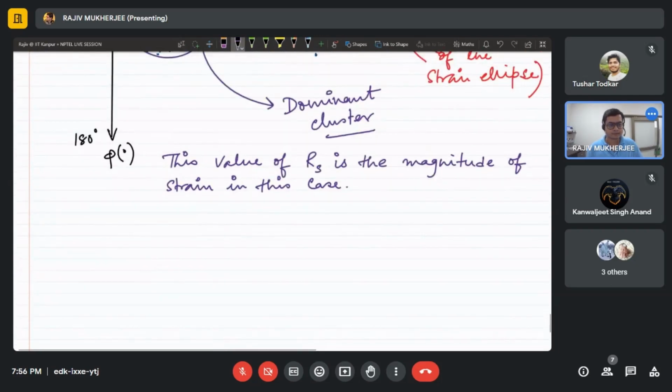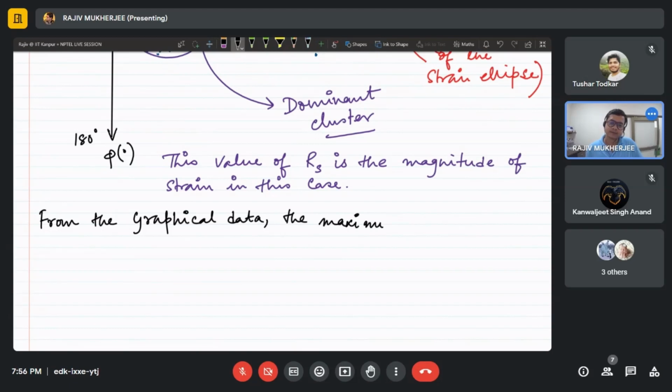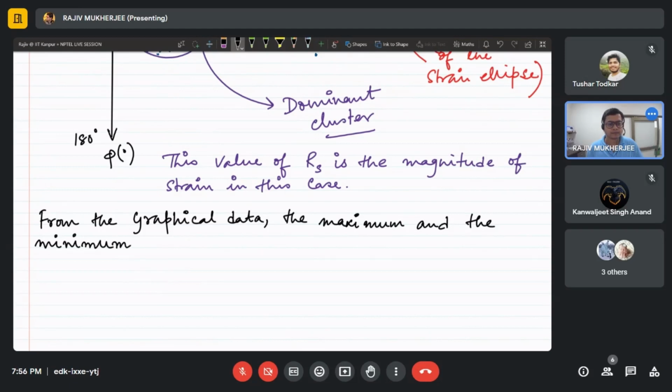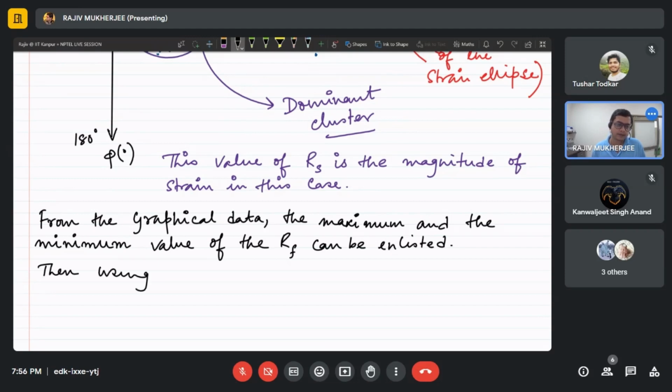the maximum and the minimum value of Rf can be enlisted, then using either of them we can estimate Ri.